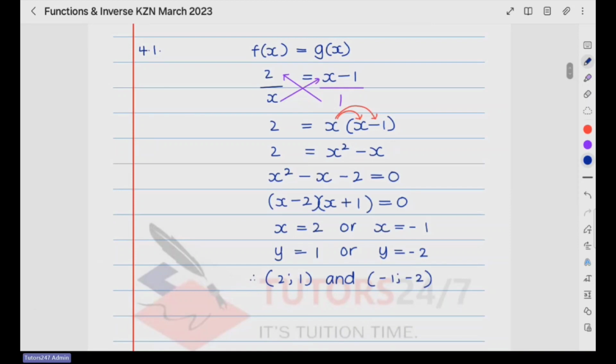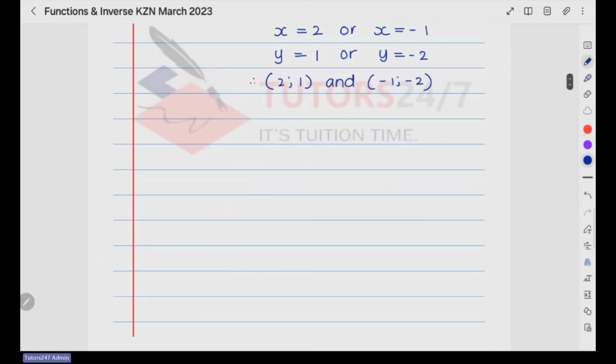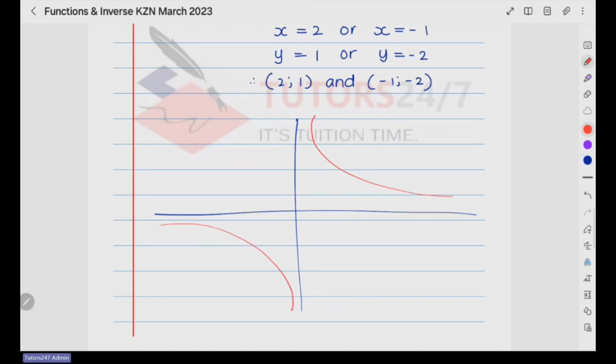All we needed to do was find the coordinates where the two functions intersect one another. So if we were to draw a random rough sketch of the situation, we can have our function f and then our function g.